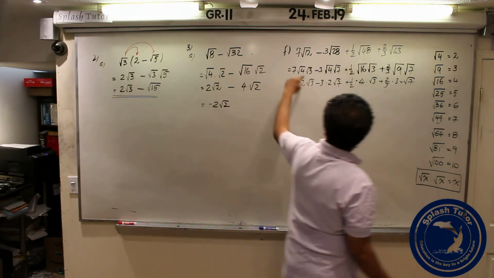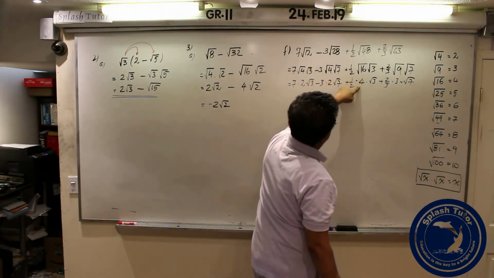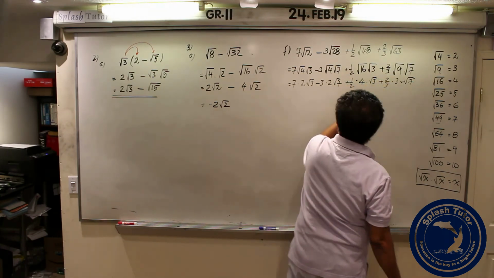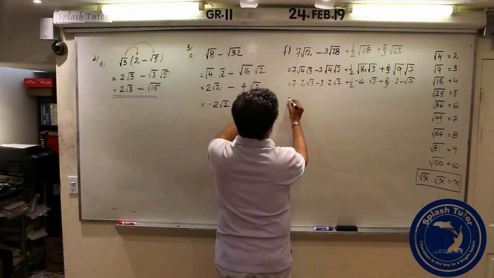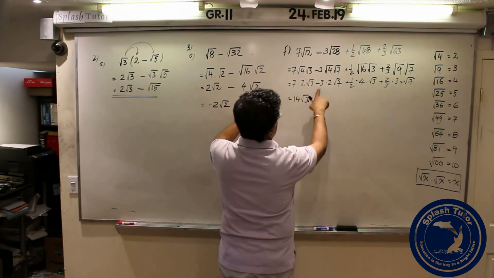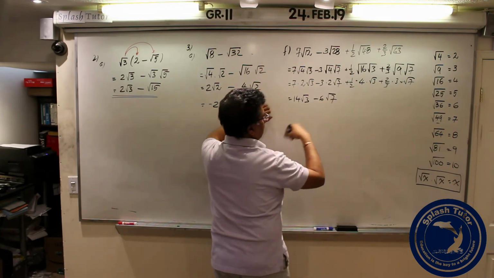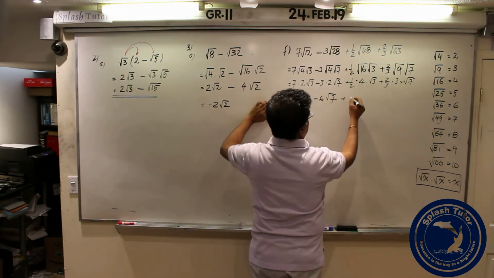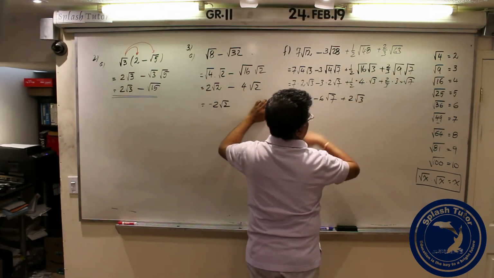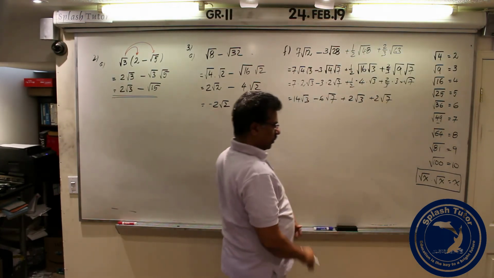So root 4 becomes 2, root 16 becomes 4, root 9 becomes 3. Now I can multiply this: that is 7 times 2, 14 root 3. 3 times 2, 6 root 7. 4 divided by 2, 2 root 3. This is 2 root 7.